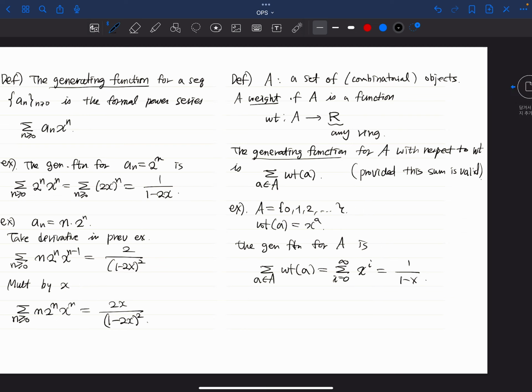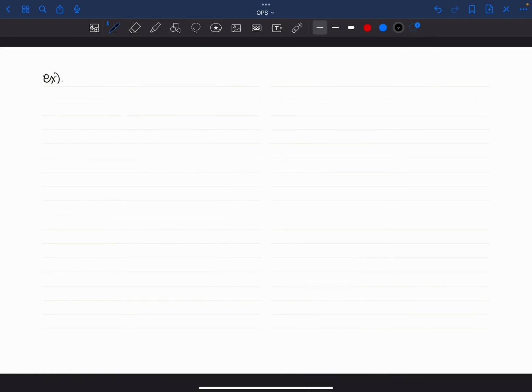And maybe another example. Now let A be the set of all subsets of [n], the set of elements from 1 to n. And define the weight of an element a in this set A to be x to the |a|, y to the n minus |a|.